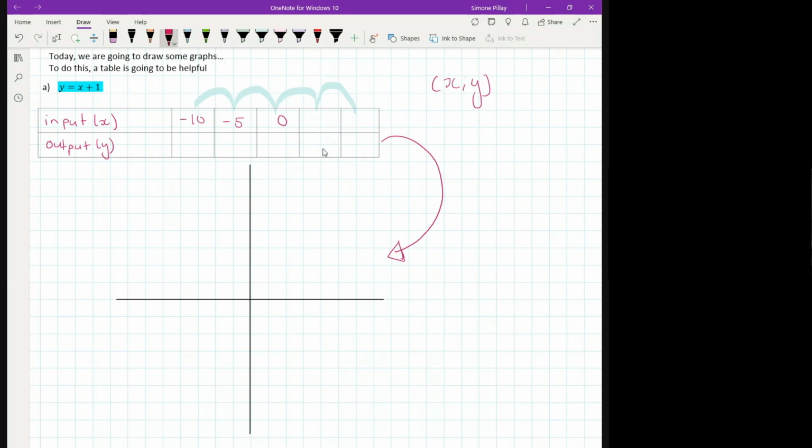I could have still had this as 1 and 2. But as you start to do this often, you'll start to see that it's a lot easier when you do it counting in fives. You pick your inputs counting in fives or counting in twos or counting in ones. But you can pick any.